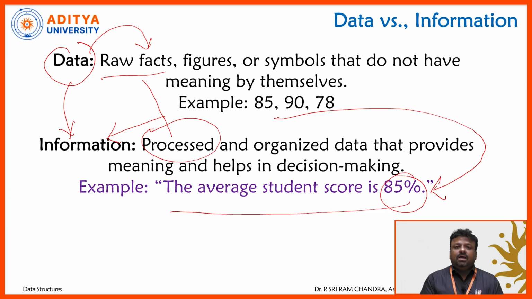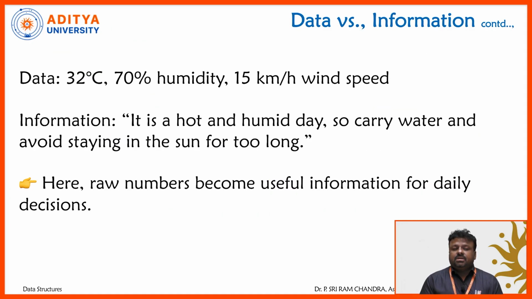Let's see another instance of data versus information. The data is 32 degrees centigrade, 70% humidity, 15 kilometers per hour wind speed.